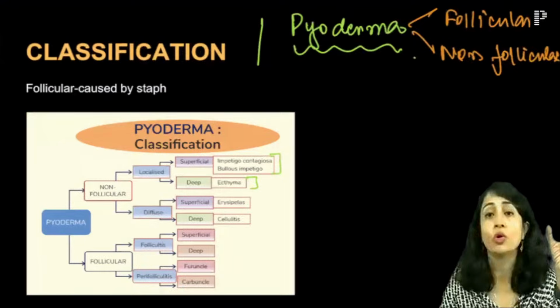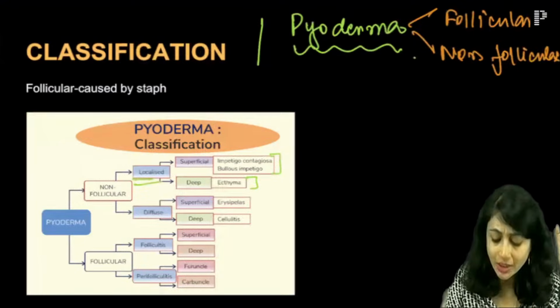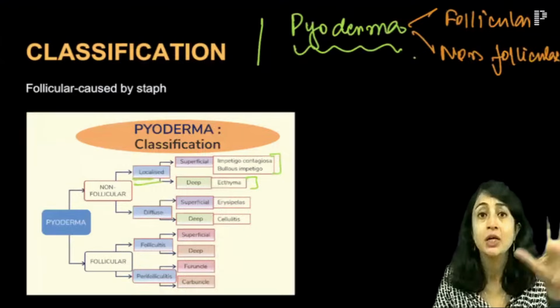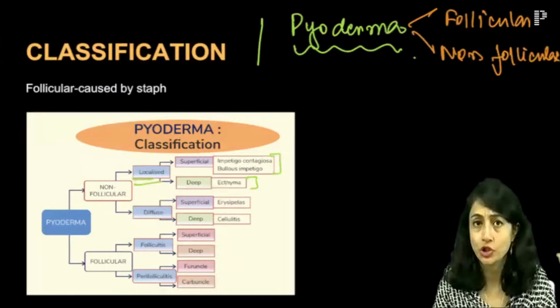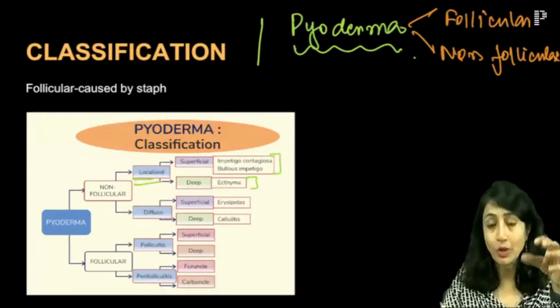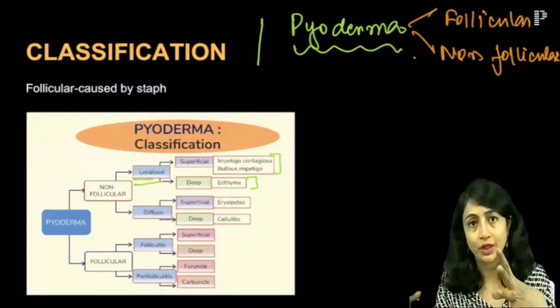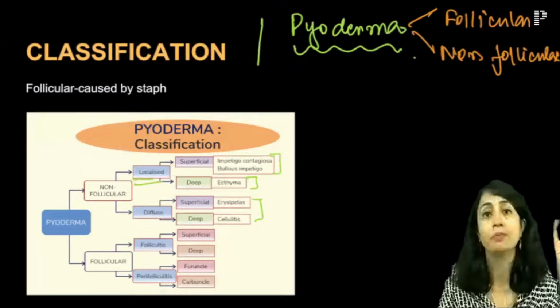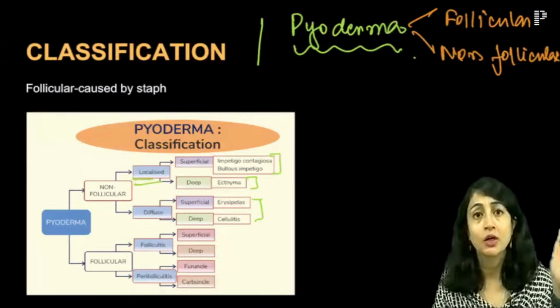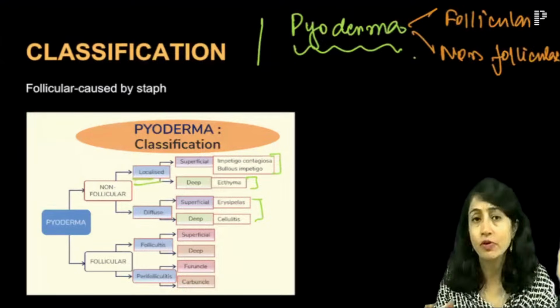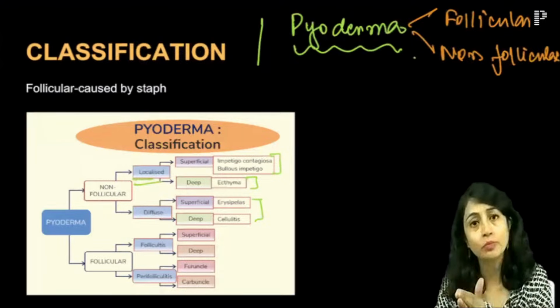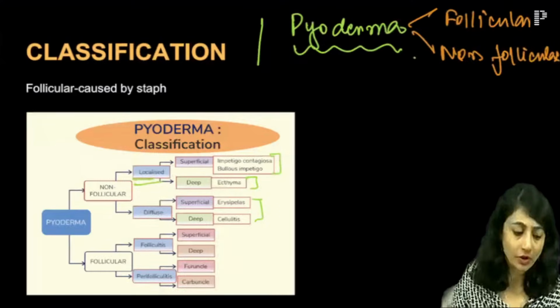Both are localized to a particular area, so they're called localized infections, and they're non-follicular in nature. Diffuse non-follicular infection is further divided into erysipelas and cellulitis. So just know the names. We will talk about each condition and then you will understand it better. We'll talk about follicular infections when we reach there.